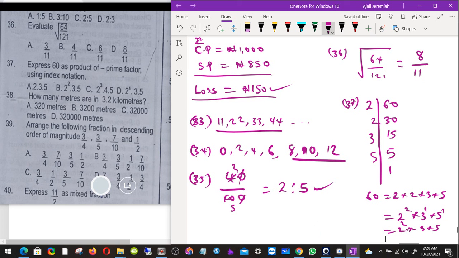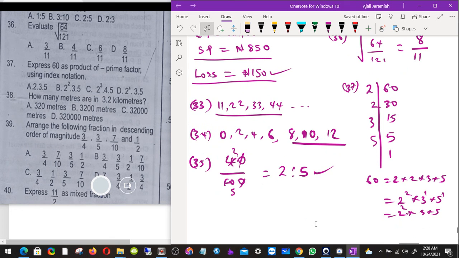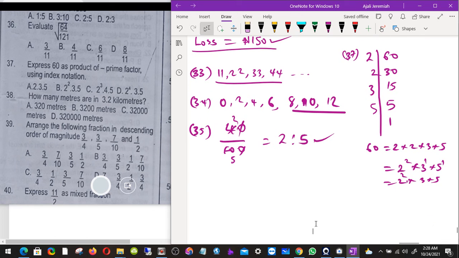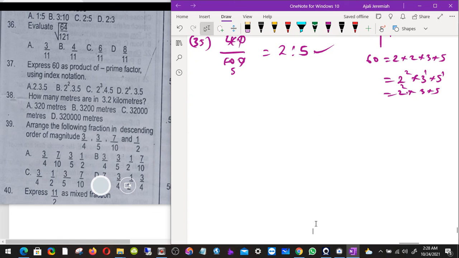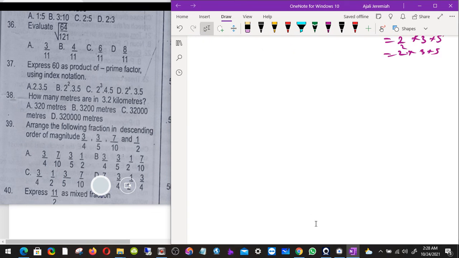Okay. Can you attempt question 38? It says how many meters are in 3.2 kilometers? Did you say 3,200 meters? Then you're correct, because 1,000 meters is 1 kilometer.